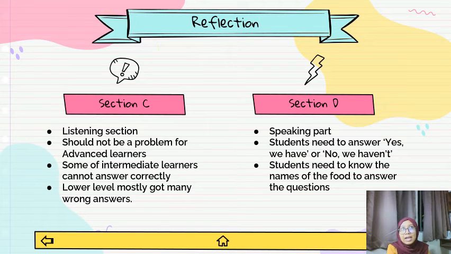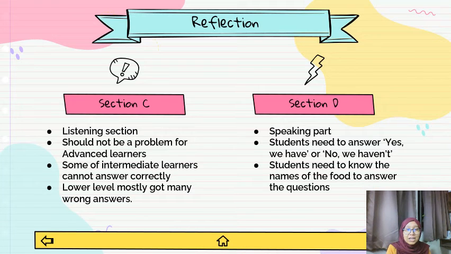For example, I have put examples before, such as, is there any cheese? Do we have cheese? And the student needs to answer yes, we have, because there is cheese in the picture given. But if there is no cheese, the students need to answer no, we haven't.